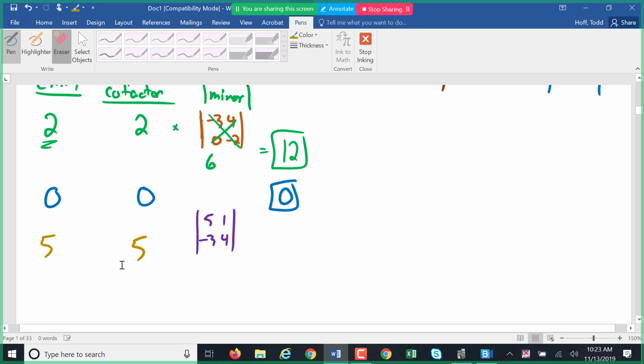So the cofactor is just the 5. Our determinant here, we've got 20 minus a negative 3. That's 23. 5 times 23 is 115. 12 plus 115 is 127. The determinant of that matrix is 127.